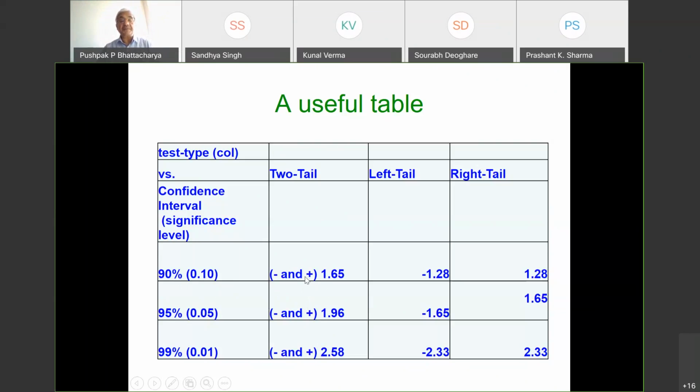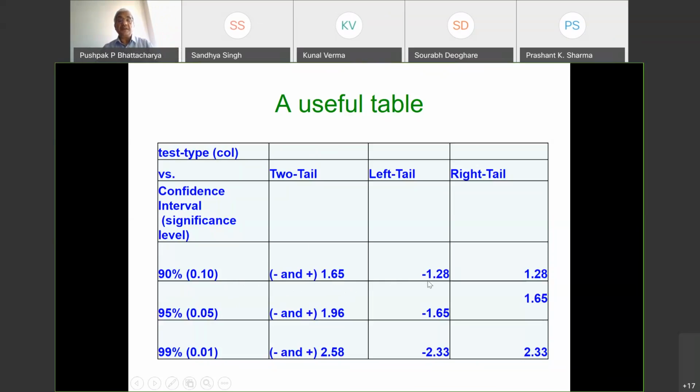And since the curve is symmetric about the zero mean axis, we'll have the critical region starting from plus 1.65 up to infinity and minus 1.65 going to minus infinity. So I have the standard normal curve, which is bell-shaped. These two regions from 1.65 to infinity and minus 1.65 to minus infinity together will give me an area of 10% or 0.10. And this is my significance region.